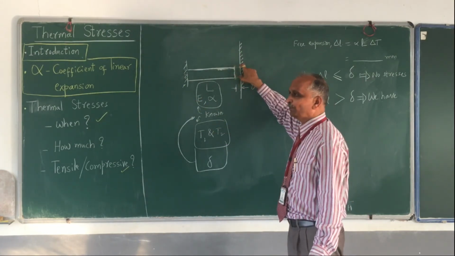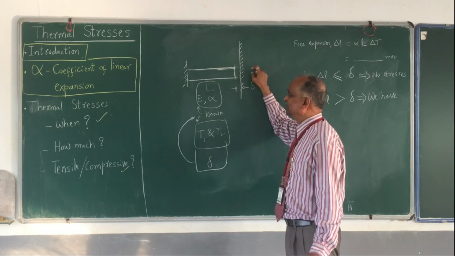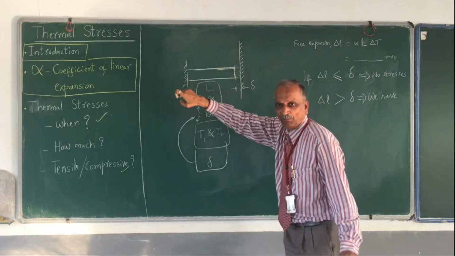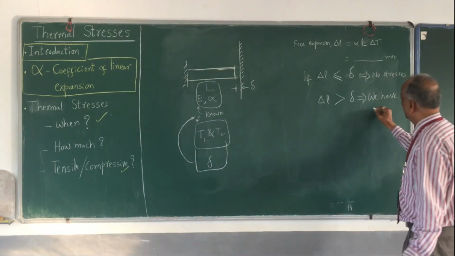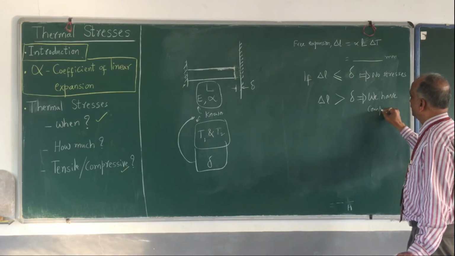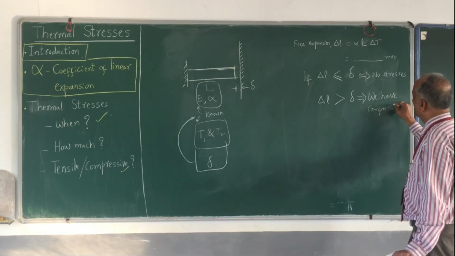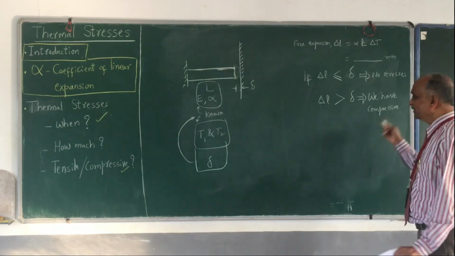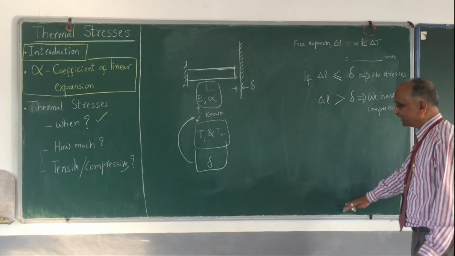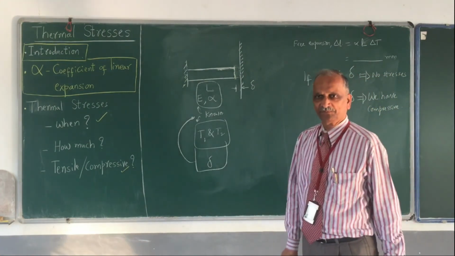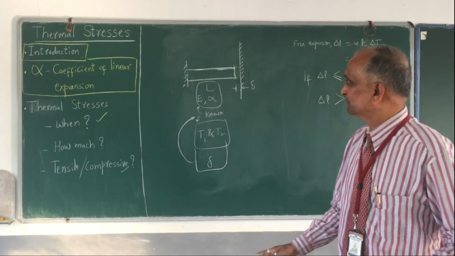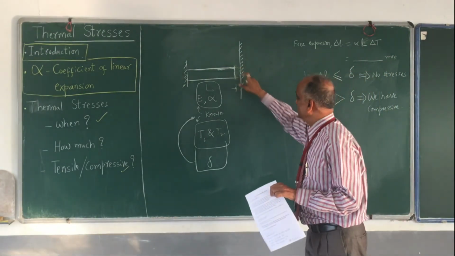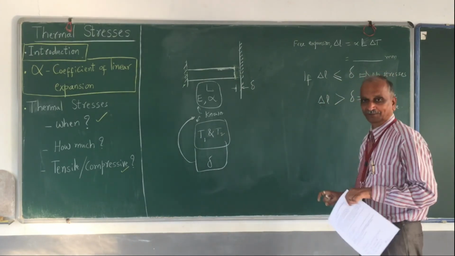When it tries to go beyond this length, the wall will apply compressive force, and therefore we have compressive stress. Then how much? How much is it prevented? Please remember, delta L is more than delta.